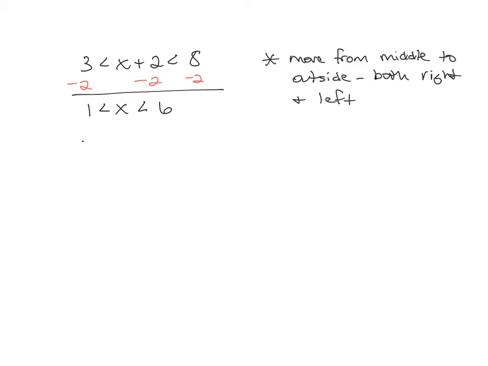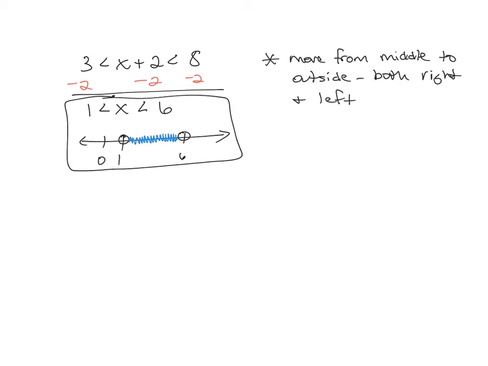And then when you go to graph it, there's 1, there's 6. Neither of them are and equal, so I leave the circles open, and an and problem always goes to the middle. Less than 6, greater than 1. Okay, so both of these are your answer.